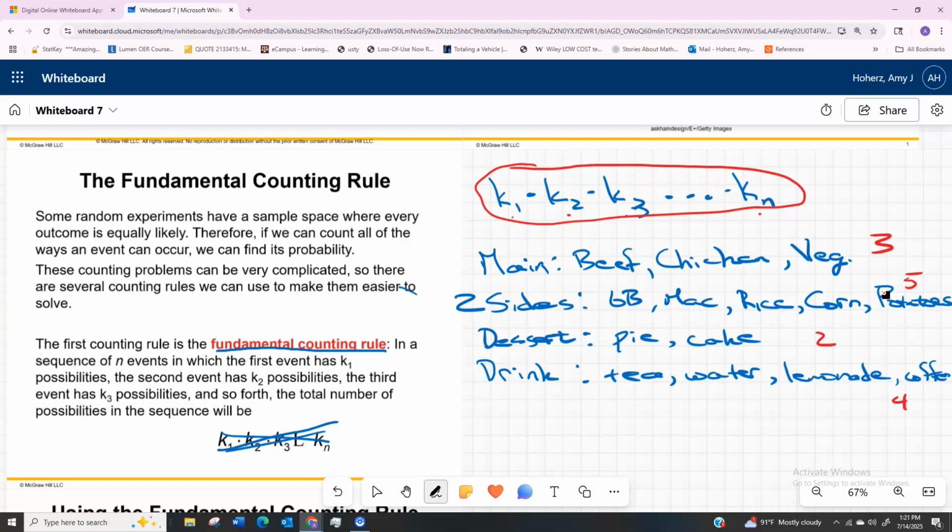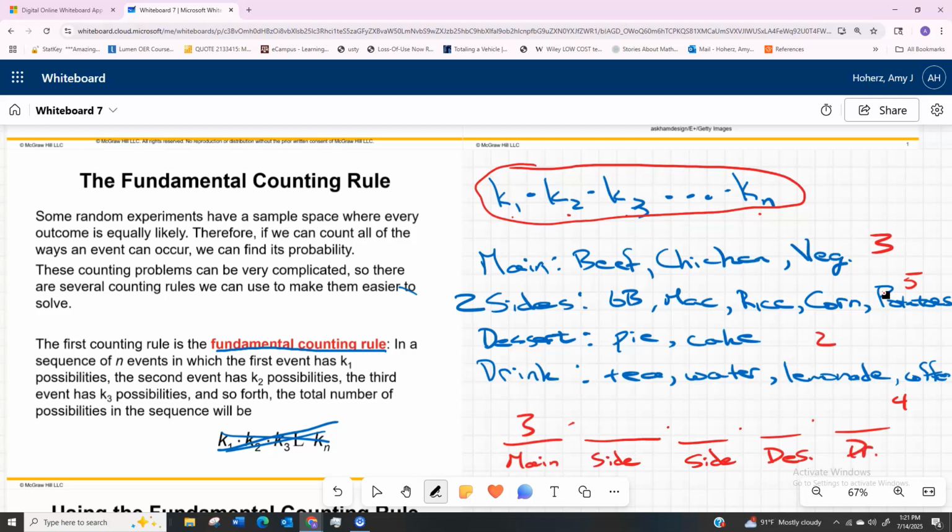If we pick a main dish, we have 3 different ways to do that. Then we pick 2 sides, so side and then side, and then dessert, and then drink.